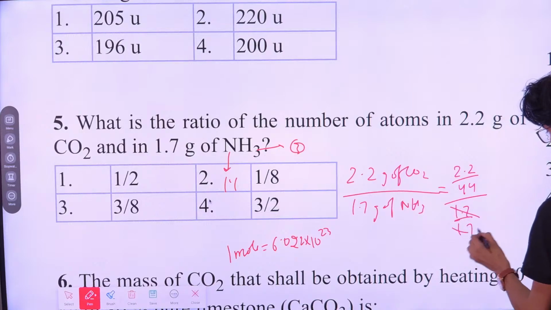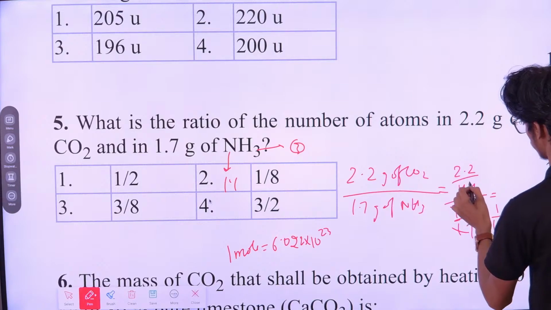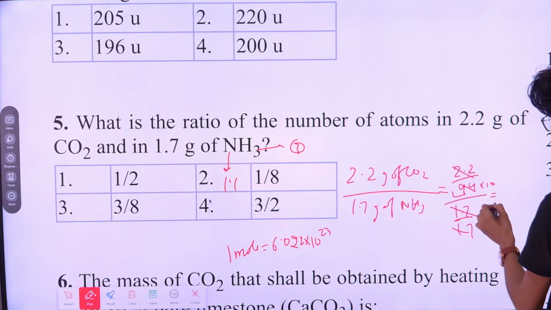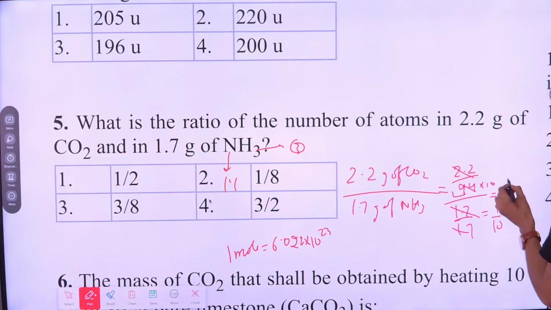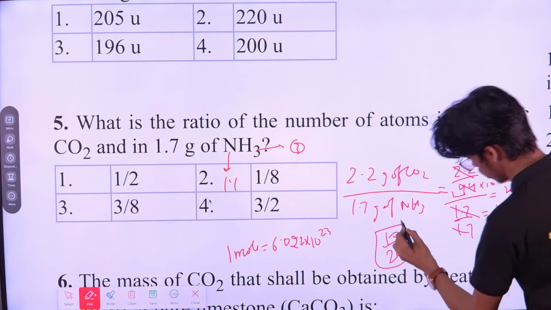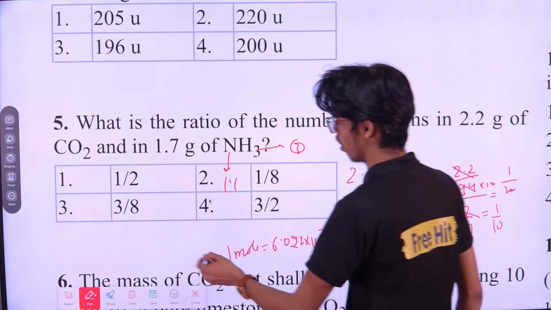I think it is 1 by 10, right? And this thing, 2.2 divided by 44, is 1 by 20. So 10 will go upside, so 10 by 20, that is 1 by 2. So yeah, option number 1.